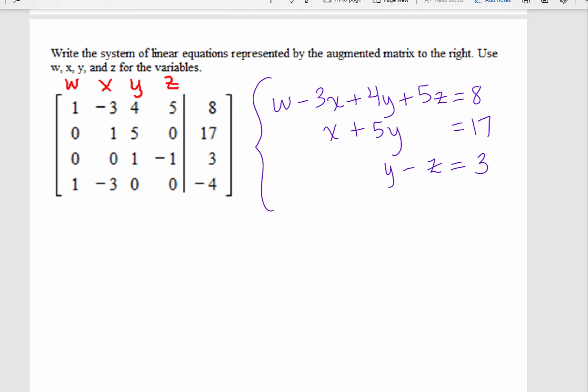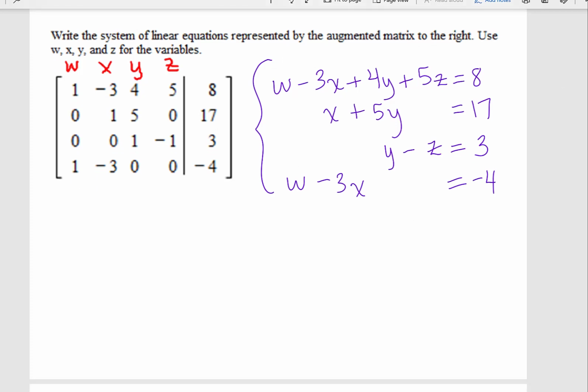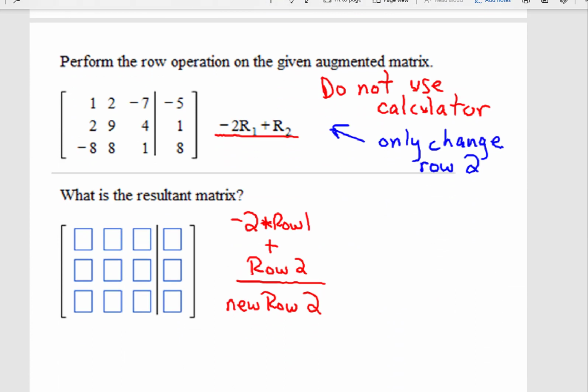And then for that last row, just w and x coefficient, and then that constant. So this is our system of linear equations. Just being able to translate that back and forth.